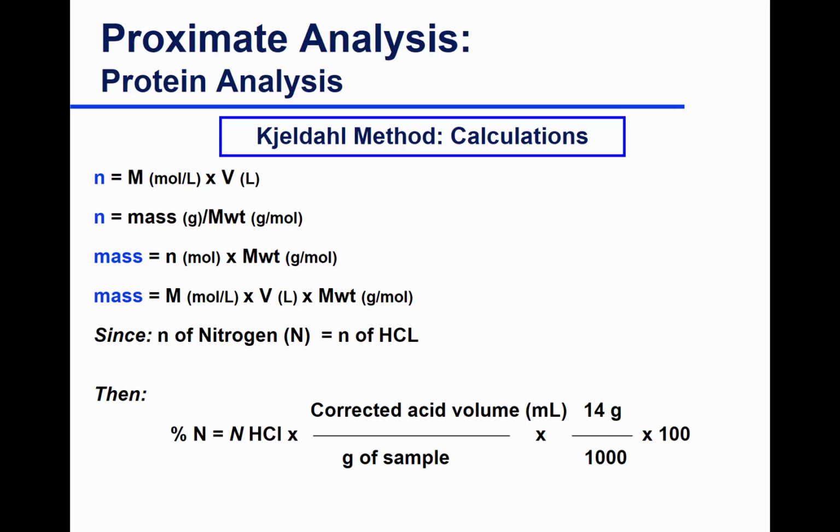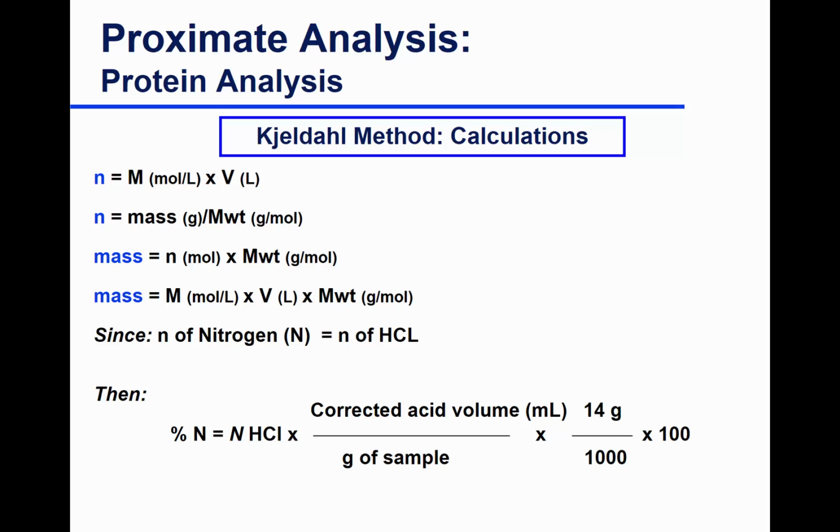So number of moles of HCl equals what? Molarity times volume, because molarity equals number of moles over volume. Right? And molarity of HCl equals normality. Why? Do you remember why molarity equals normality? It only has one hydrogen. Thank you very much.